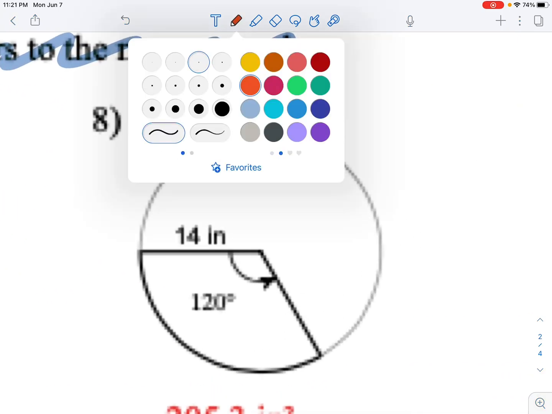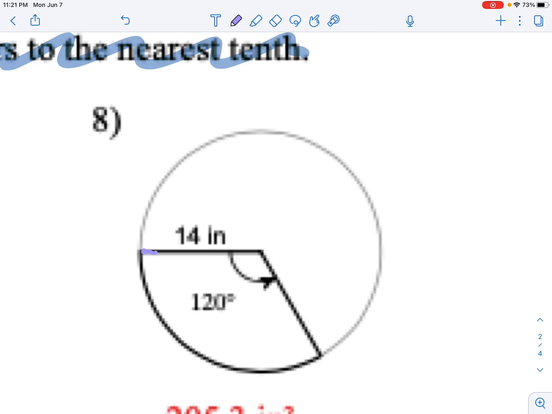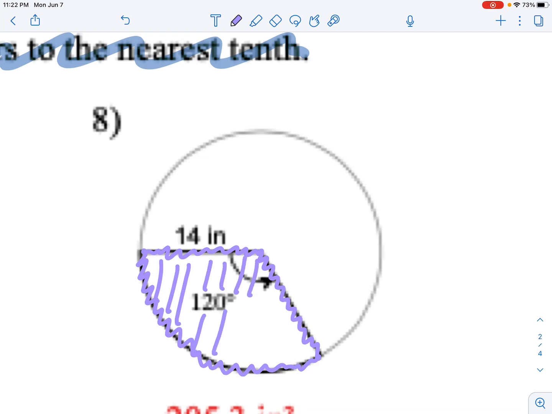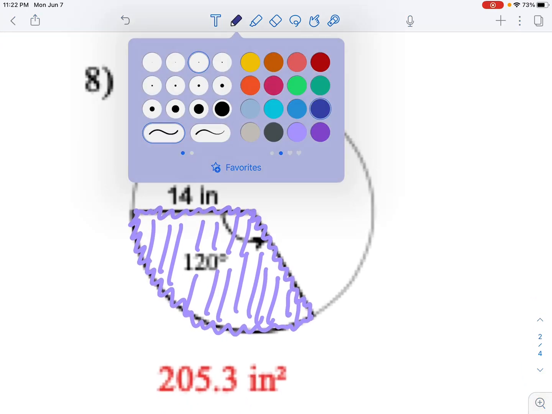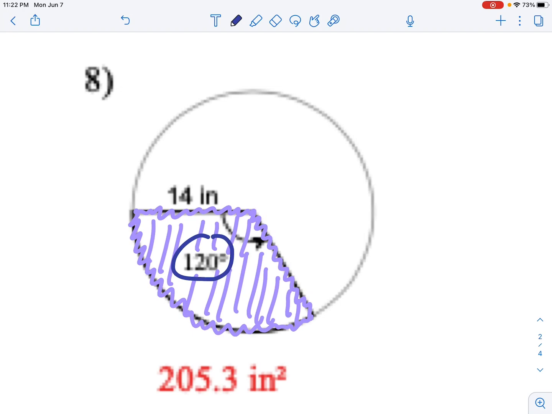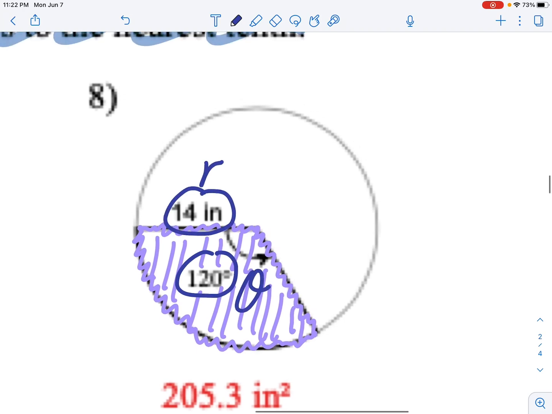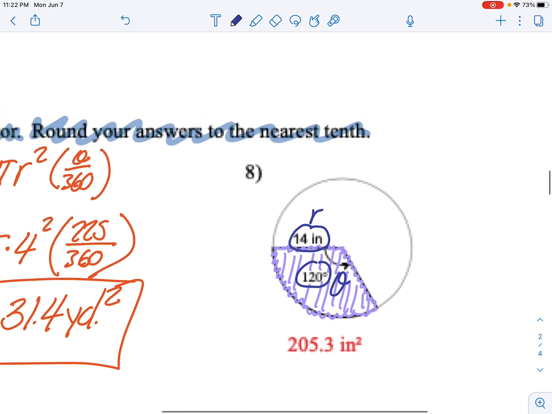All right, finally, last one here, right? So we are finding the sector area of this piece of pie or pizza slice. So we're finding all of this right here. How much is that pizza slice? Right? So we need theta and we need r.